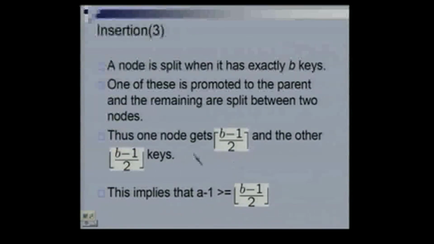So one node is getting only so many keys, which means that A minus 1 should be less than or equal to B minus 1 by 2. Thank you, this is an error. I will correct this, it should say less than or equal to B minus 1 by 2. Good.